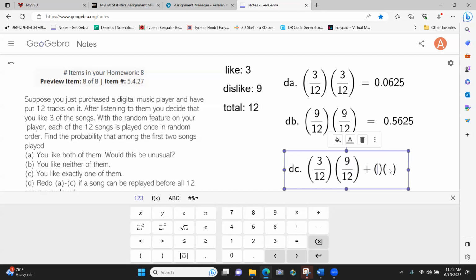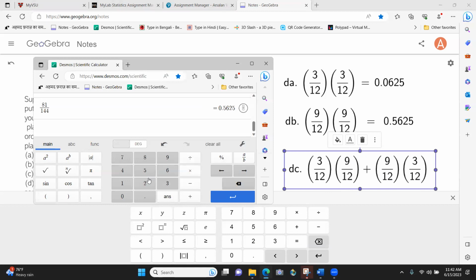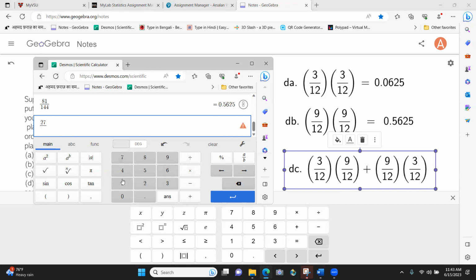The first one is the good one, the second one is the bad one. Now you're going to say the bad one first and then the good one. And let's find out. On top, I get 27. The bottom is going to be 144. 3 times 9 is 27, and 12 times 12 is 144. However, you're going to multiply it by 2. You could add it, all the same.